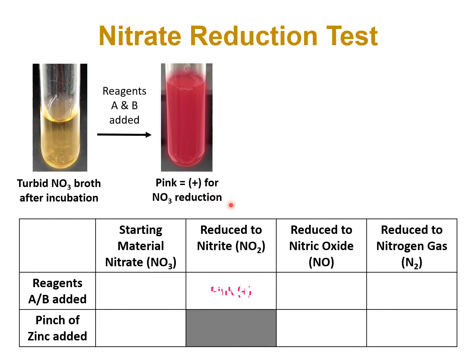It means that your nitrate was reduced to nitrite. That means the bacteria was capable of going through that nitrate reduction, okay? It means basically your bacteria was capable of producing certain enzymes that allowed the whole nitrate reduction to take place. So it's a positive result, okay, guys?